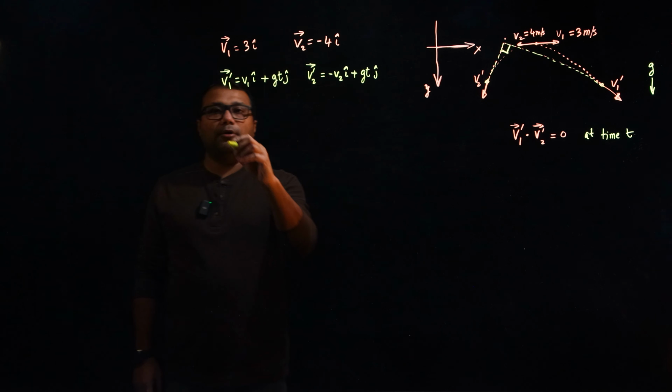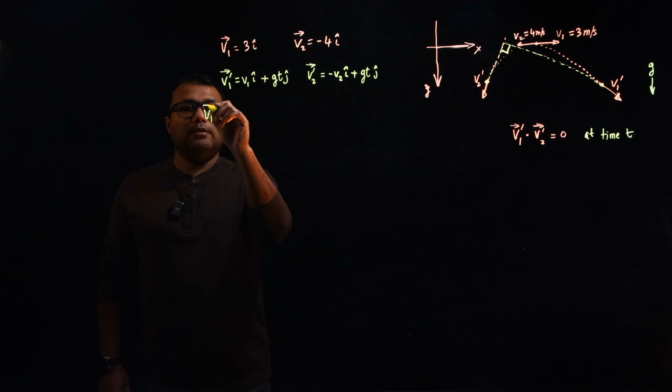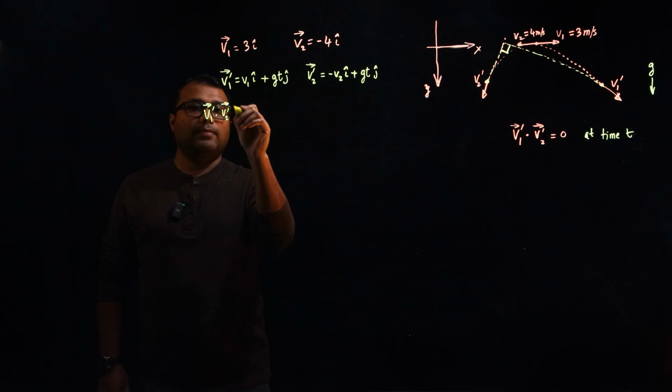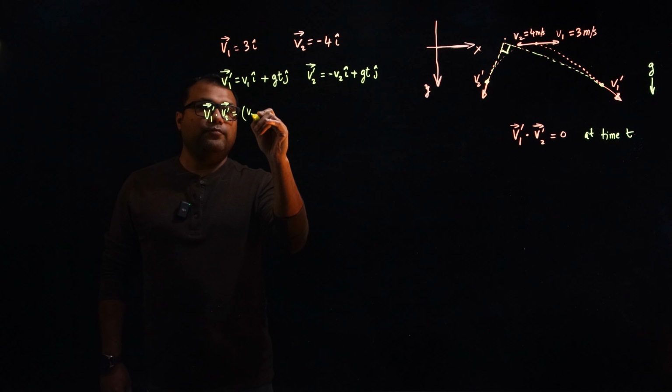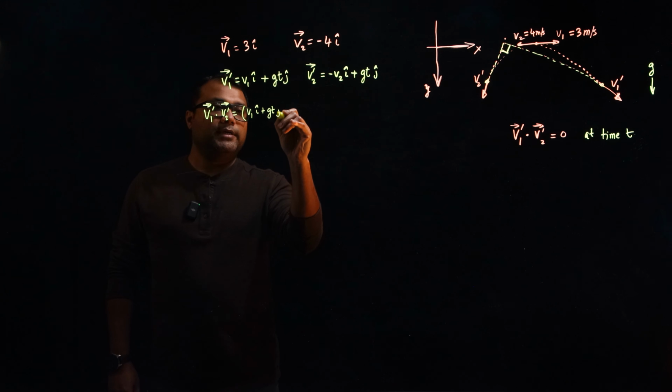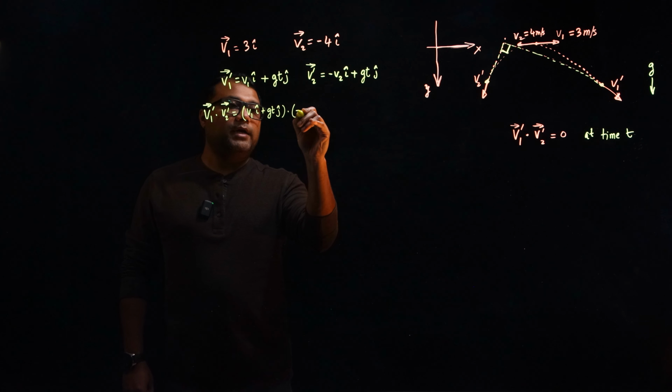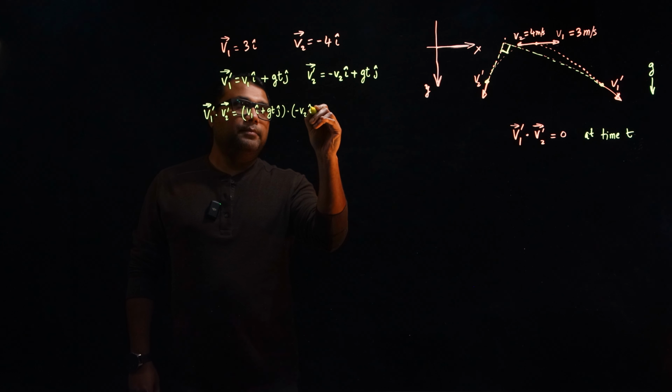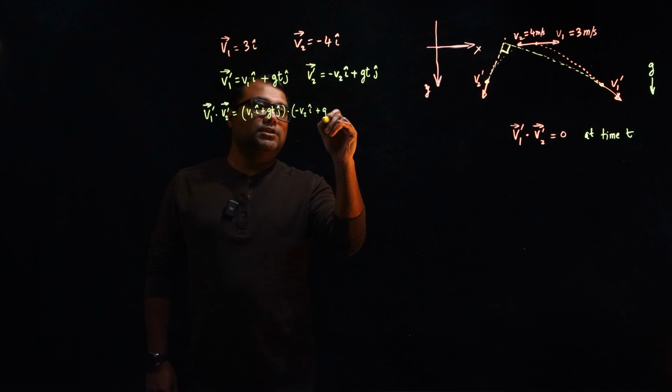So let's do the dot product. v1 dashed dot v2 dashed we can write as (v1 i cap plus gt j cap) dot (minus v2 i cap plus gt j cap).